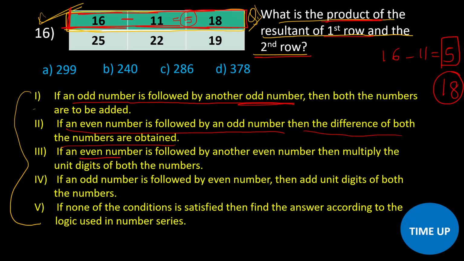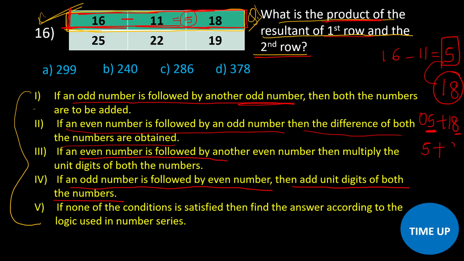The third condition, an even number followed by, will not work either. Check the fourth condition: if an odd number is followed by an even number, then add the unit digits of both the numbers. 5 is the unit digit and for 18, 8 is the unit digit.